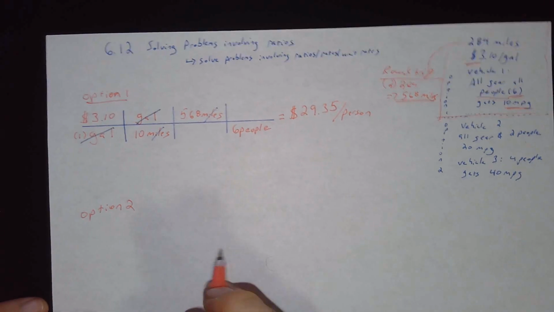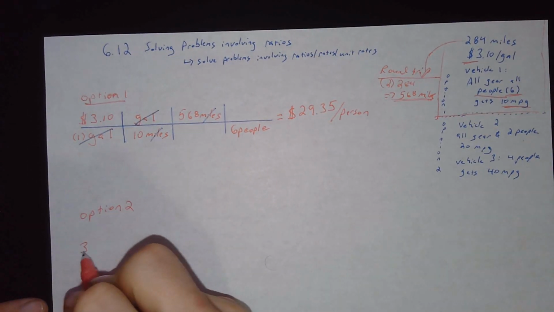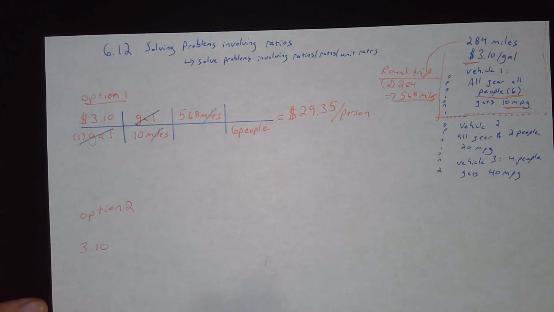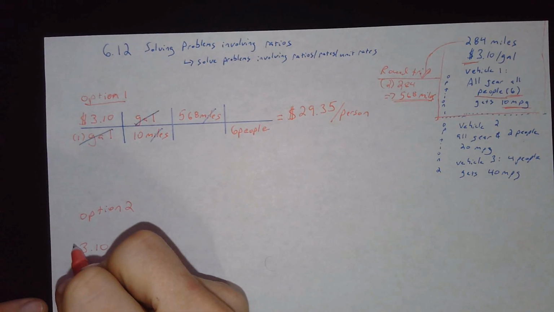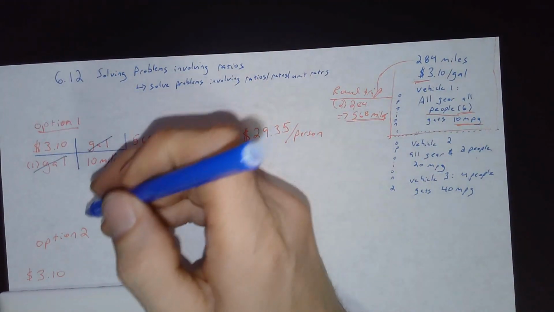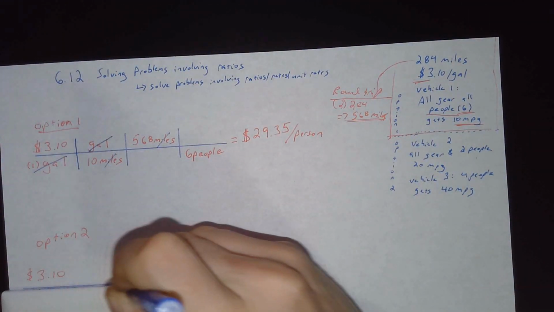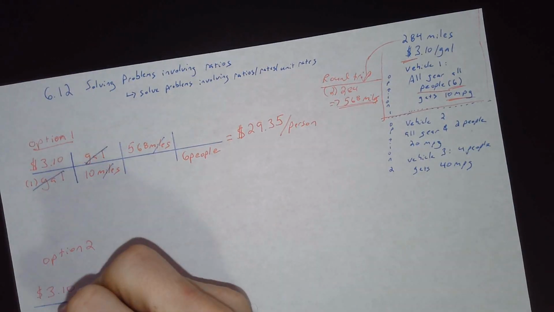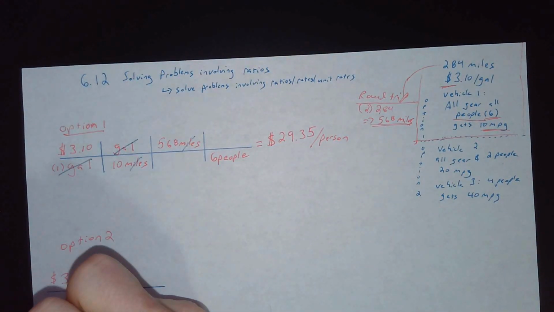We start with $310. Just like we did before, per 1 gallon.